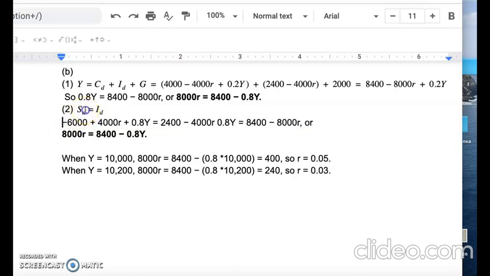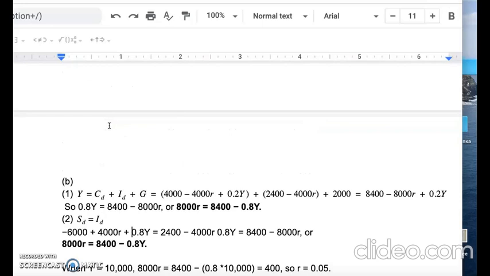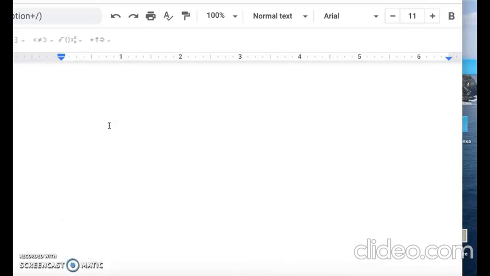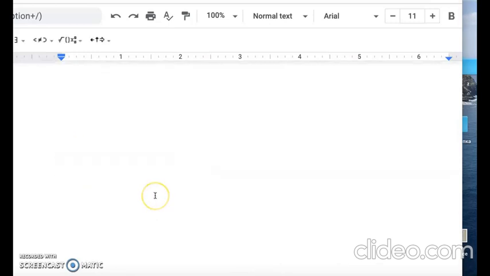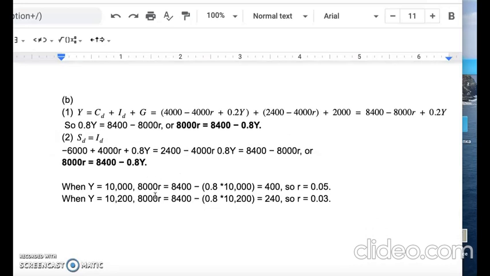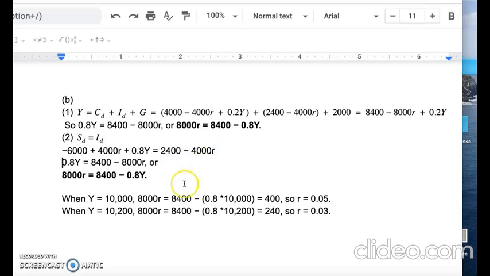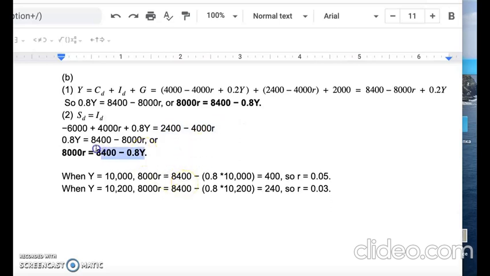We use the desired savings equation we defined in the previous sub-question, here in sub-question A. We just use this equation and equate it to the desired investment, and desired investment is given in the problem. After the calculation, we will also have the final equation, which looks like that.